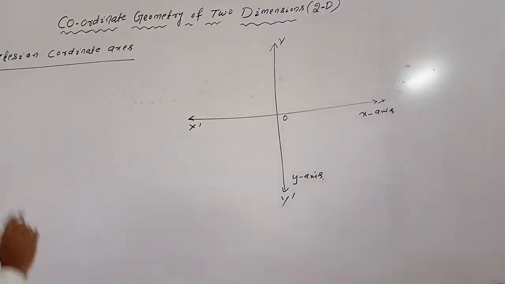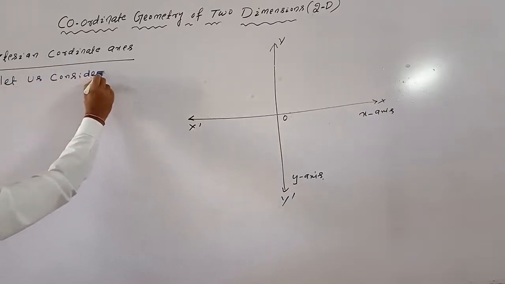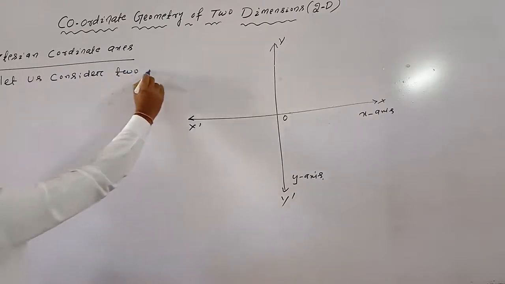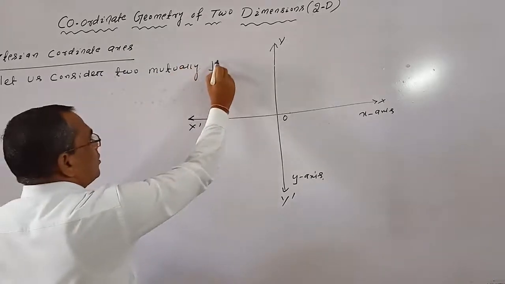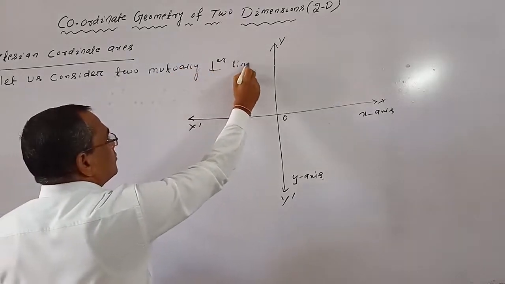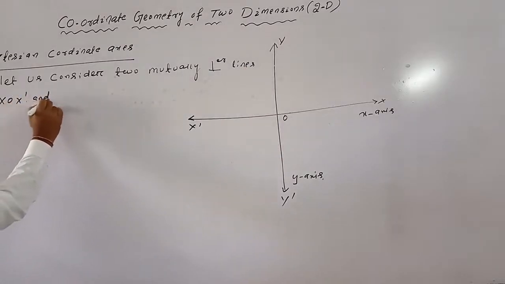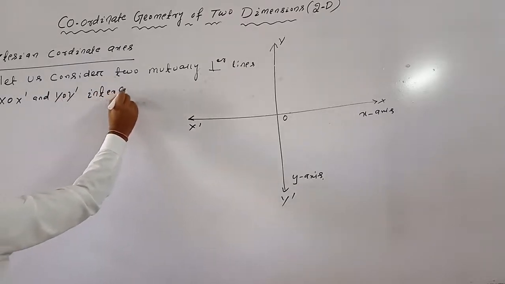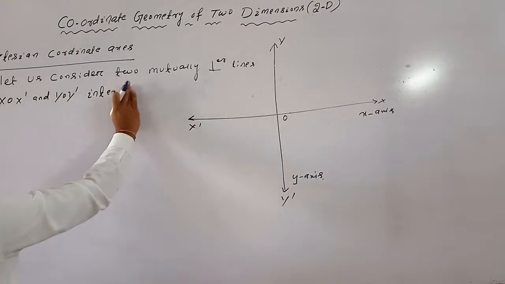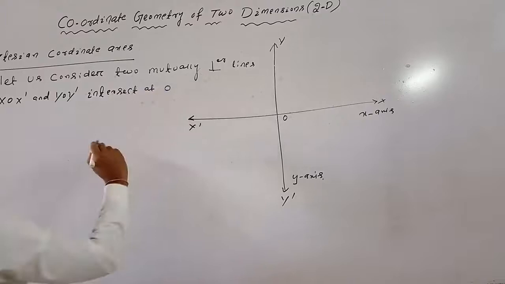Okay, first we write these things. Let us consider two mutually perpendicular lines x o x dash, y o y dash intersect at o.